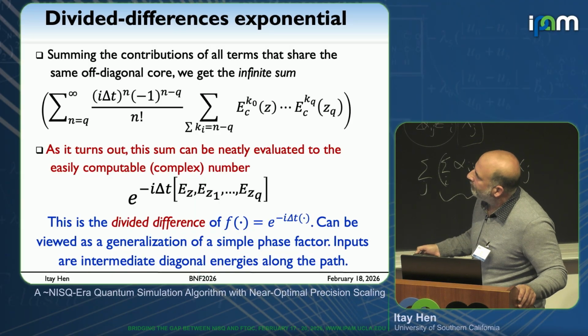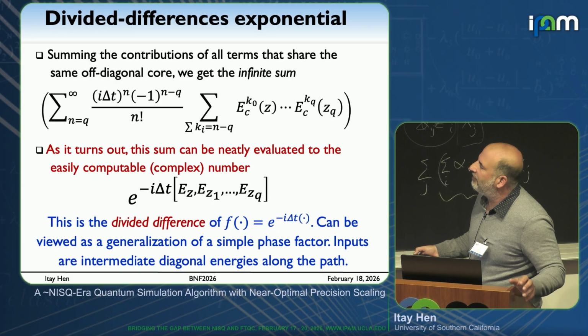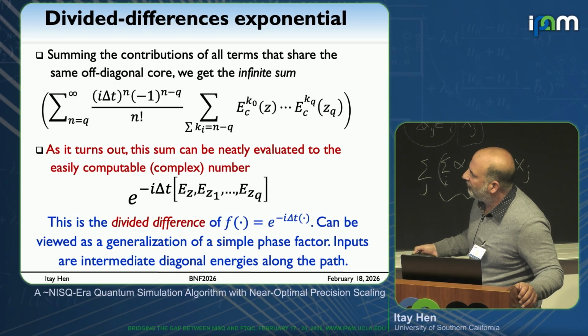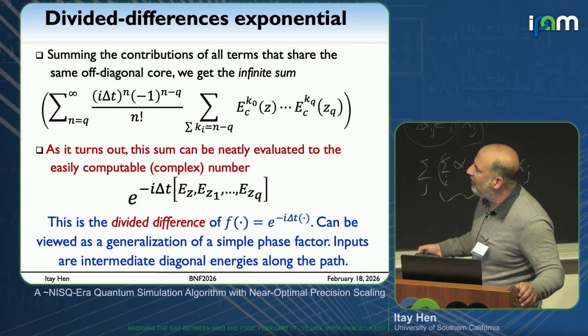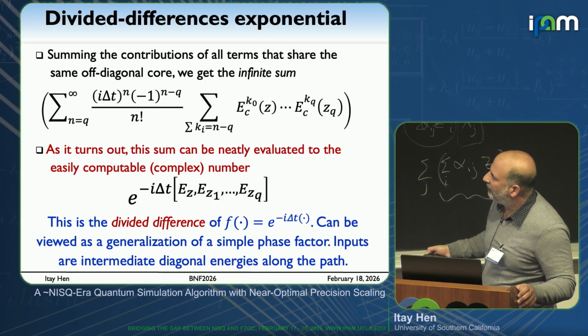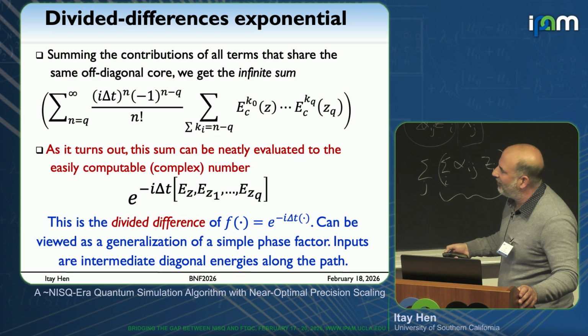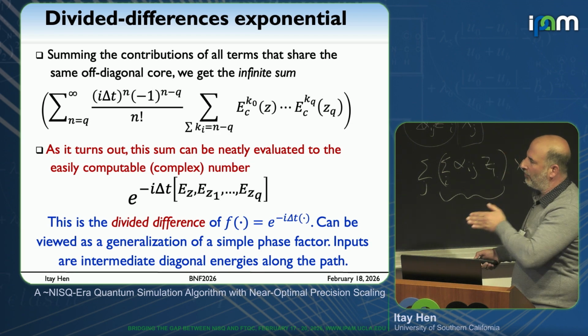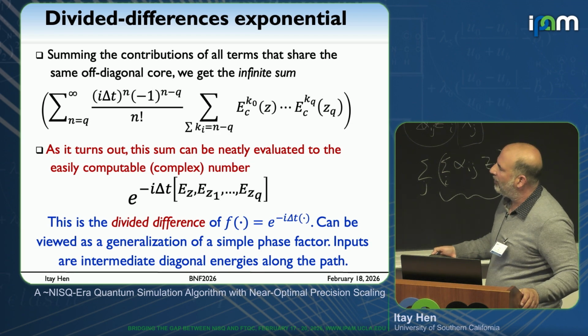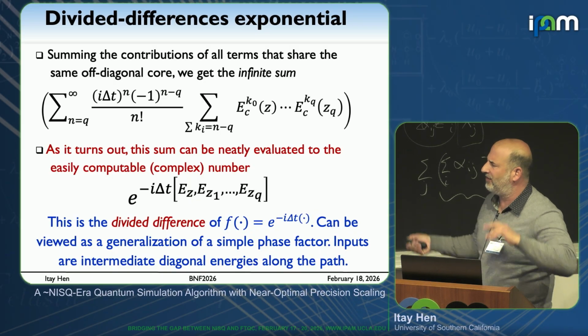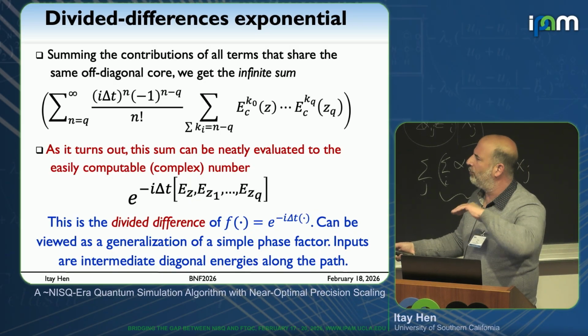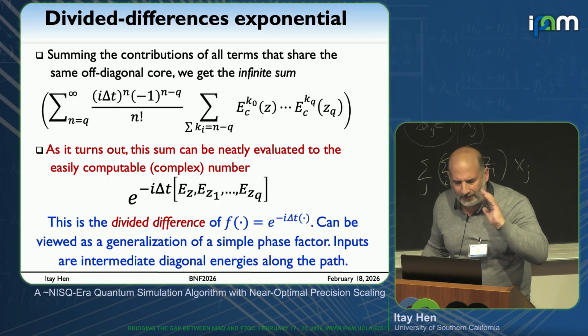It's a kind of divided difference of this function e to the minus i delta t with inputs, which are the energies that we visited along the walk of the off-diagonal core. What does it mean, the divided difference of this function with respect to these energies?